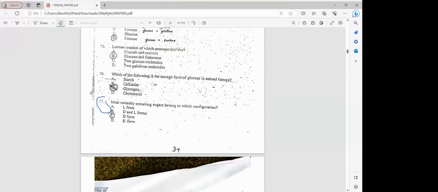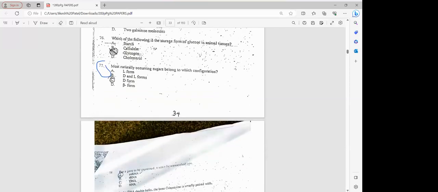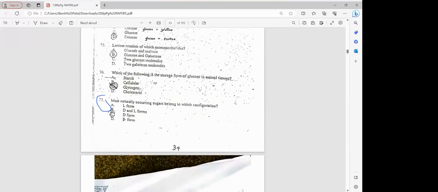So most naturally occurring sugars belong to which configuration? I think his answer is right. Guys, what do you think? I think it's L. I read in a textbook that most of them are in L form.